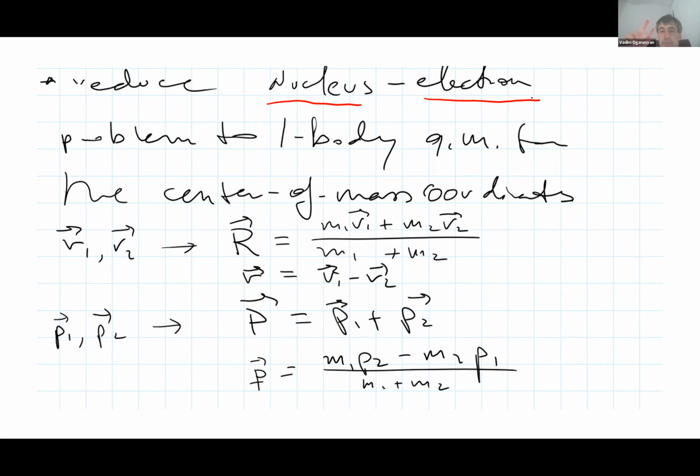And for just two particles, the nucleus and the electron, the decomposition into center of mass and relative coordinates is easy to write down. It's right here. These are just formulas that we have seen in Physics 120. Well, you probably have seen it more recently than I have, since I haven't taught Physics 120 in 5 or 6 years.